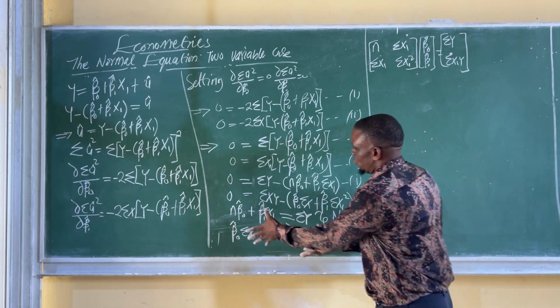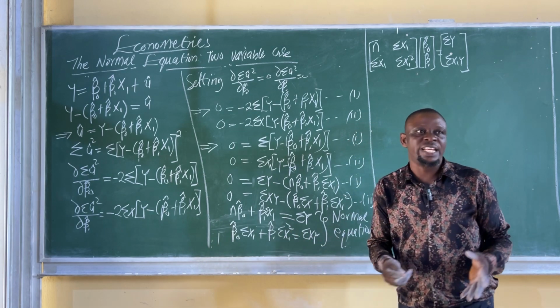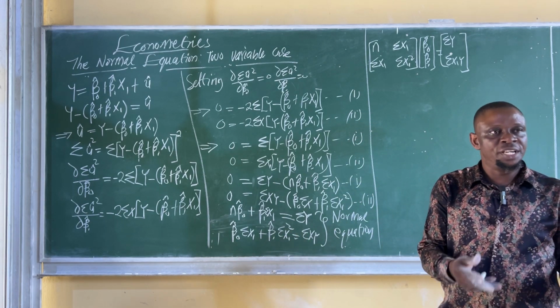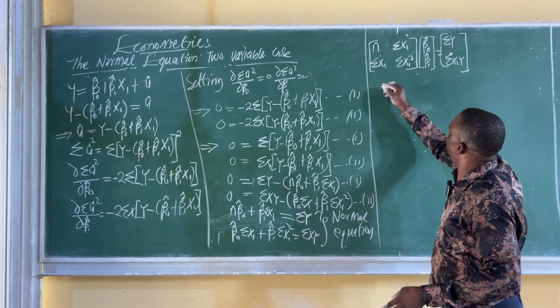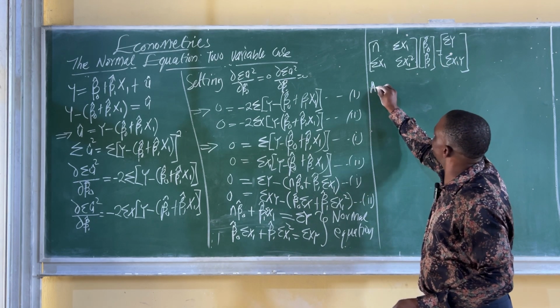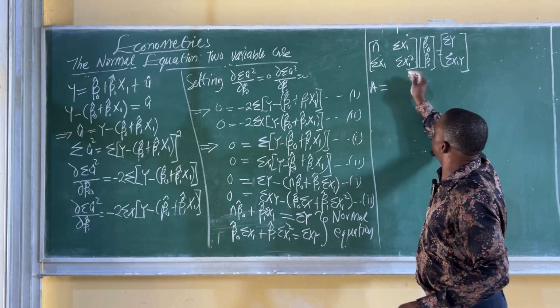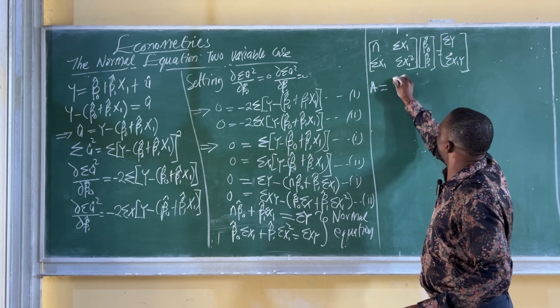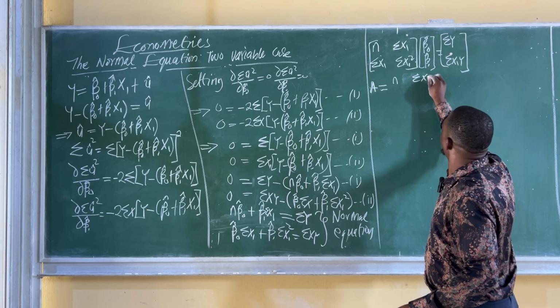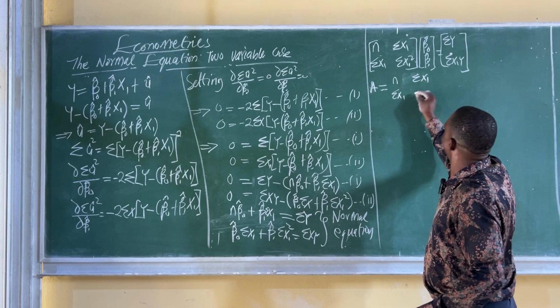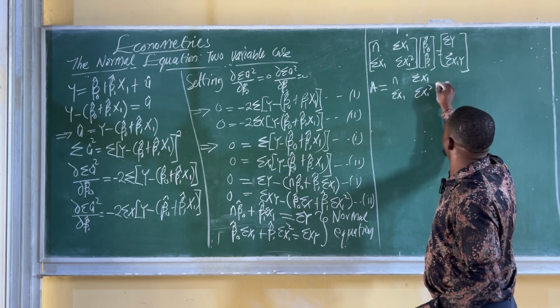But we can also go a step further to get the direct formula. In the first place, we say let A be equal to all of what we have here, which is n, summation x1, summation x1, and summation x1 square.